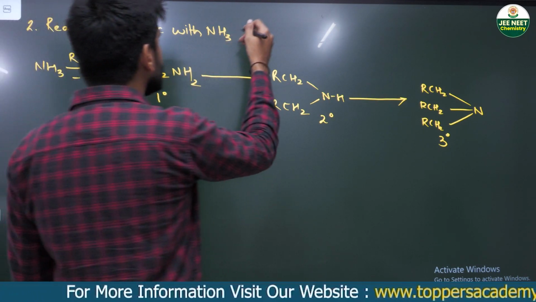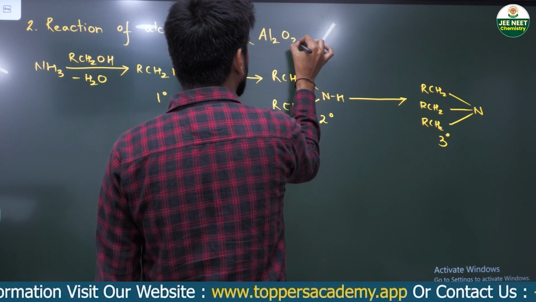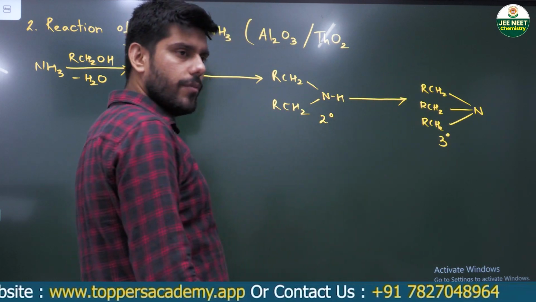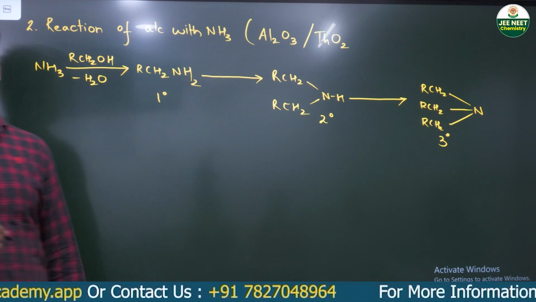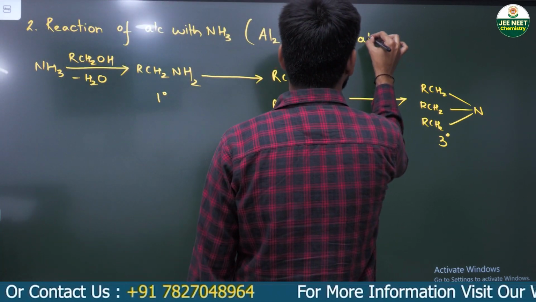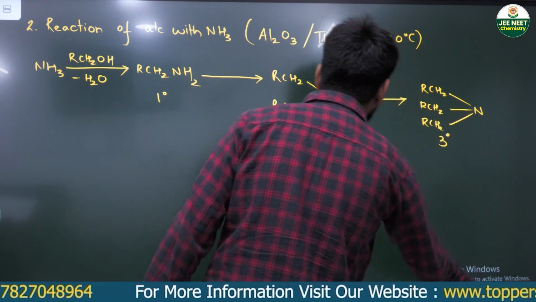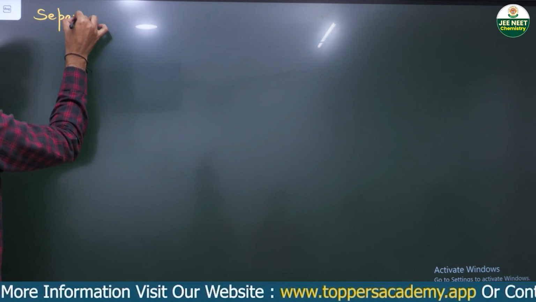Now, this reaction is basically done in the presence of Al2O3, or you can use thorium oxide, at temperature 360 degrees Celsius. Now look at the separation of 1 degree, 2 degree and 3 degree amines.